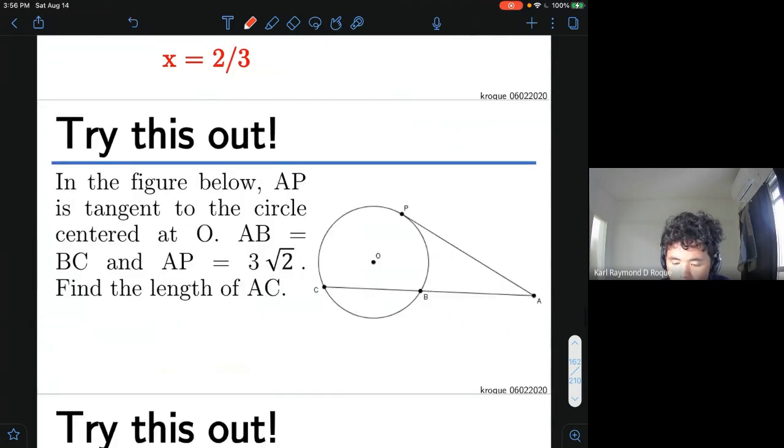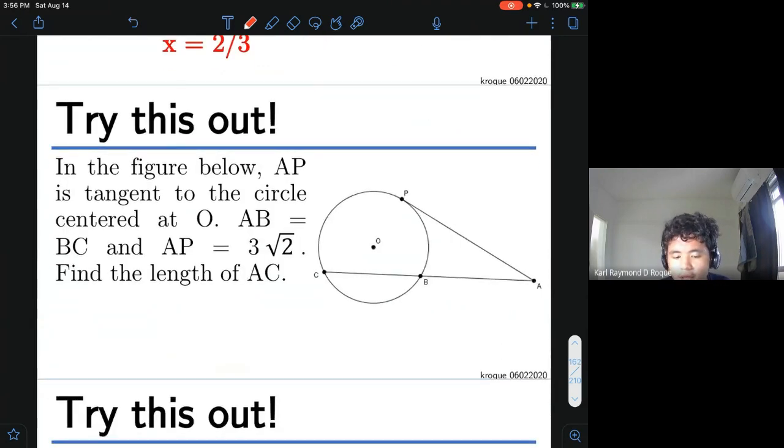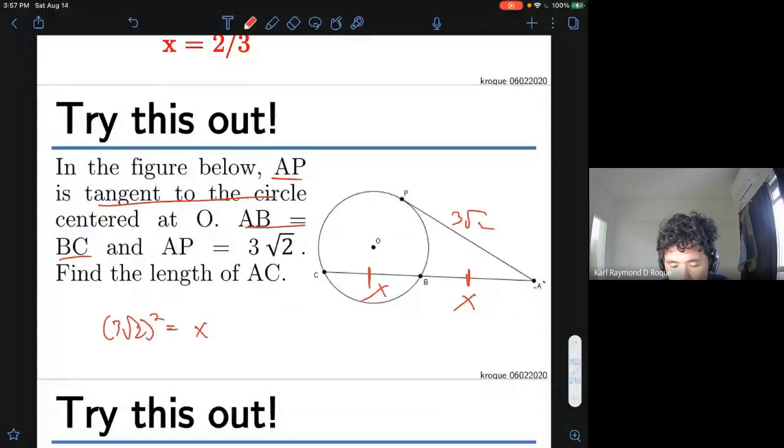Di ba? Next. Ito naman, AP is tangent to the circle at O, centered at O. AB equals BC. AP equals 3 square root of 2. Sabihin natin x yan. So, by power of a point, 3 square root of 2 squared equals 2x times 2x. 18 equals 2x squared. x squared equals 9.